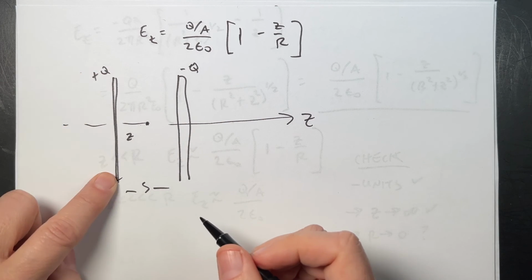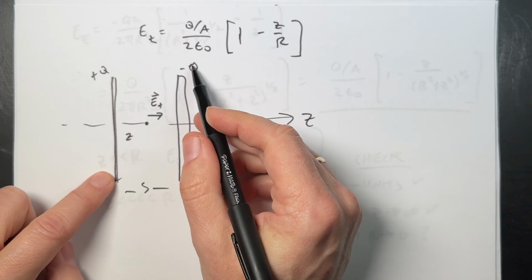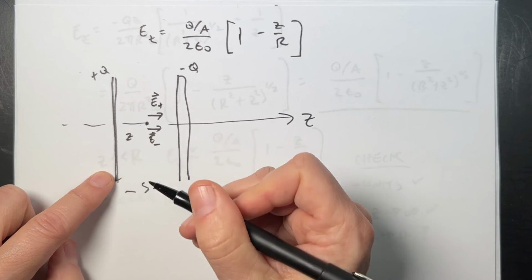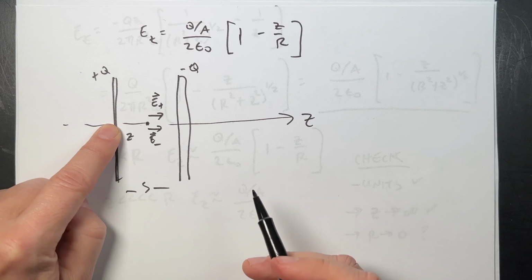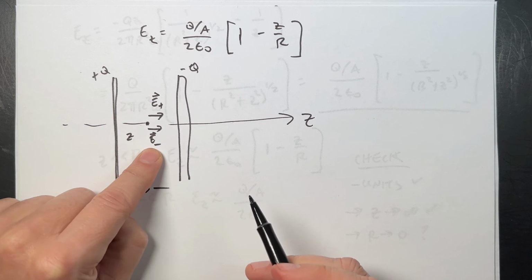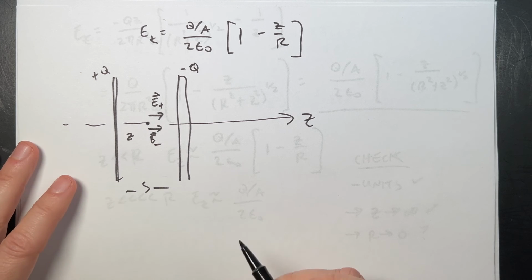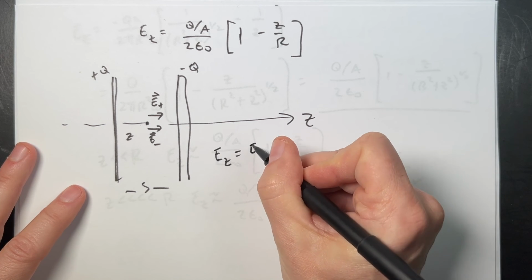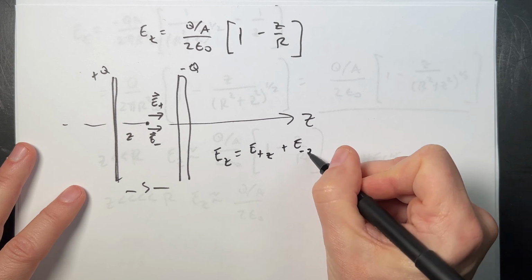Well, I'm going to get the electric field due to this plate. I'll call that E plus. And the electric field due to this plate is in the same direction, E minus, right? But they're not going to have the same value because as I get further from this plate, E plus is going to decrease, E minus is going to increase. So let's just find the expression for the total Z component. E_z is E plus z plus E minus z.